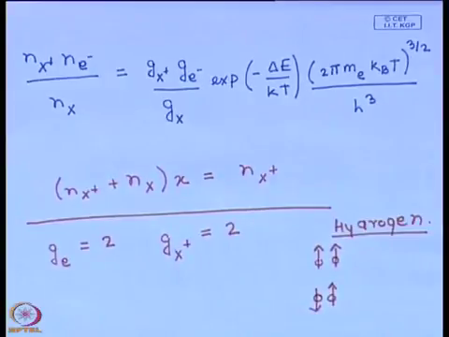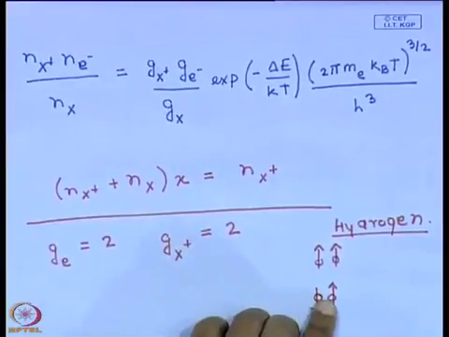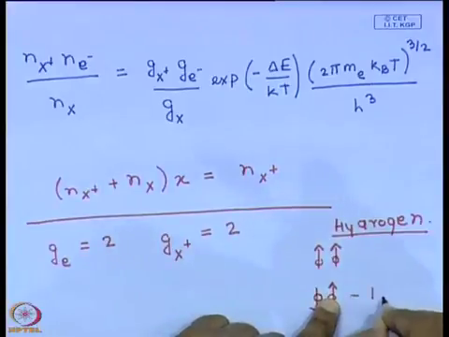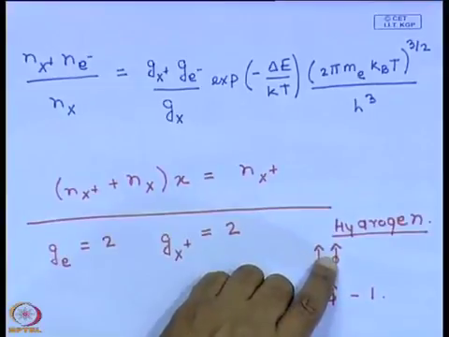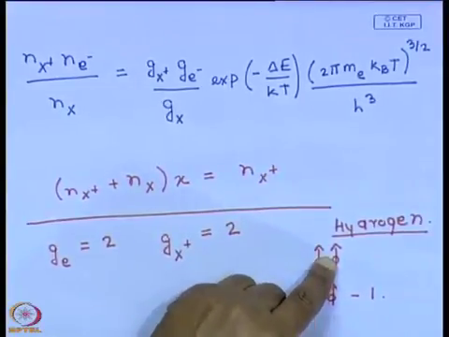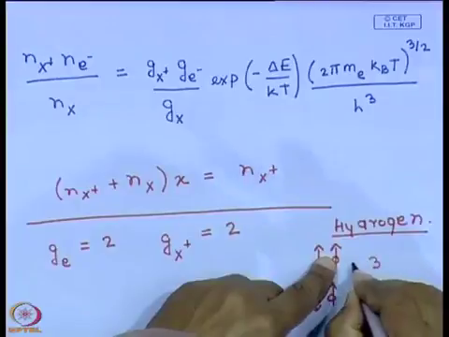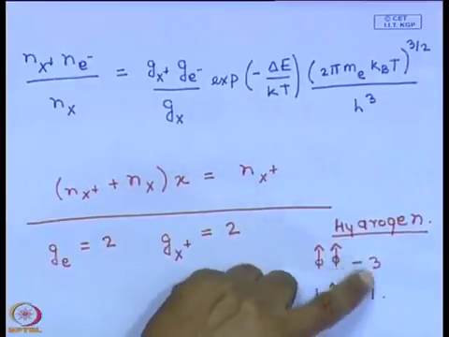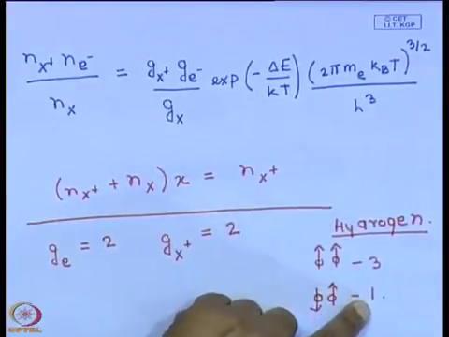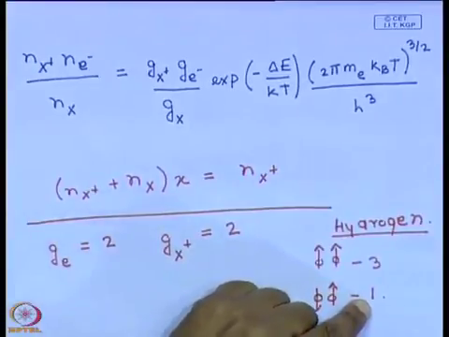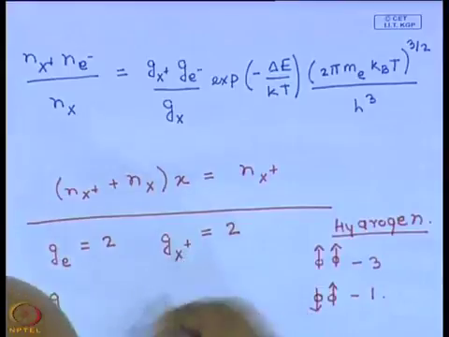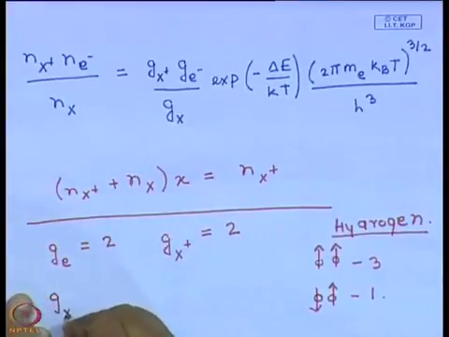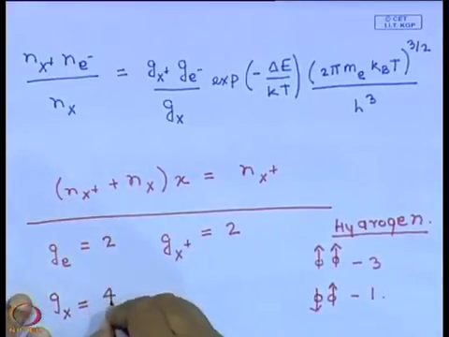Now this has a total spin of 0, so it has only one state. This has a total spin of 1, it is a triplet, so there are 3 possible states. So, totally there are 4 possible states for the ground state of neutral hydrogen. So, for the ground state of neutral hydrogen, G x is equal to 4.